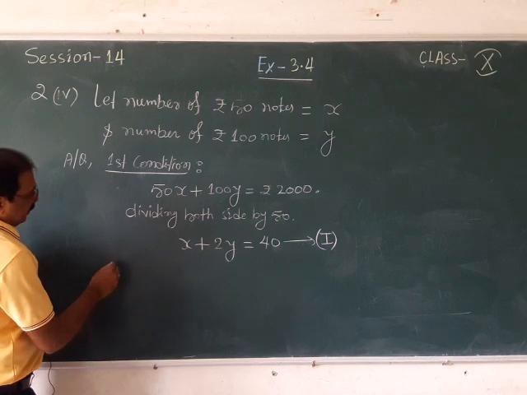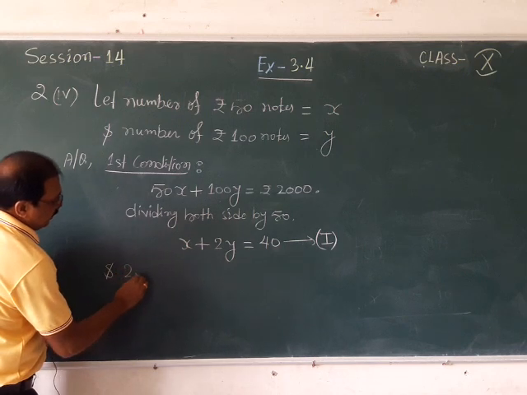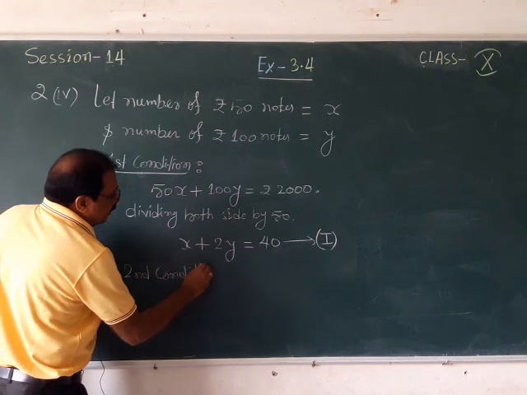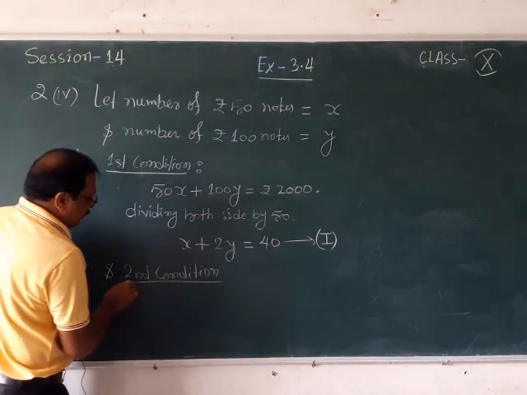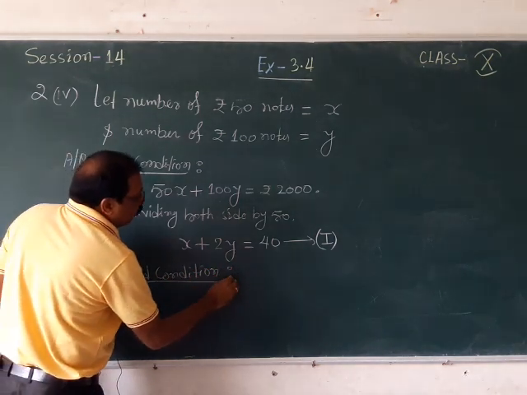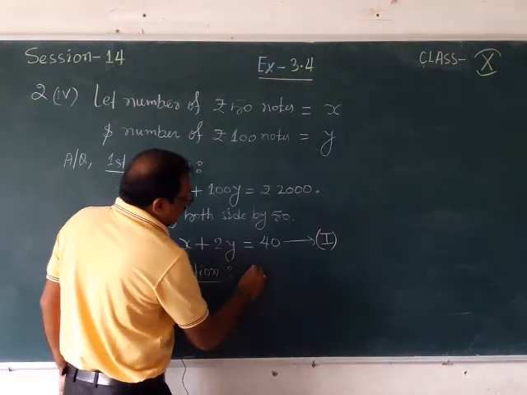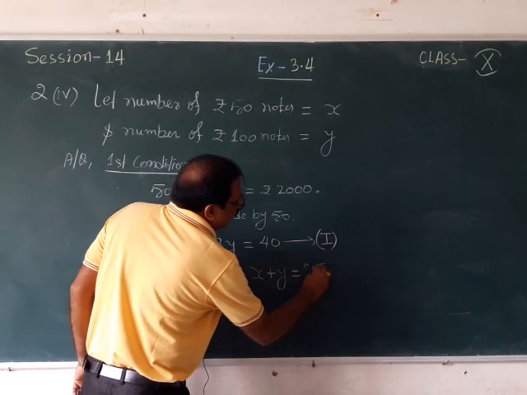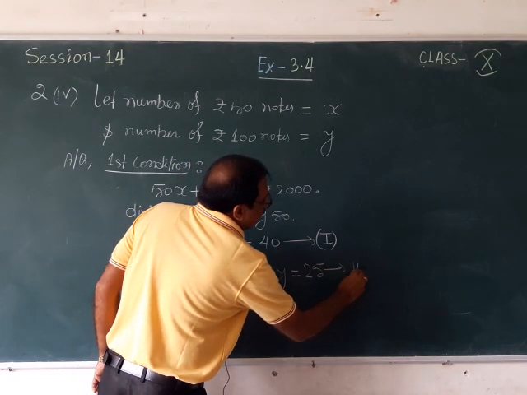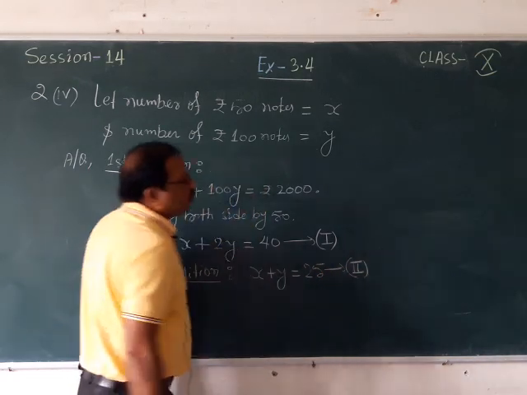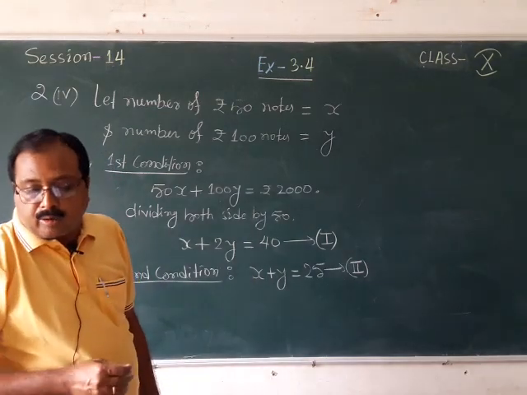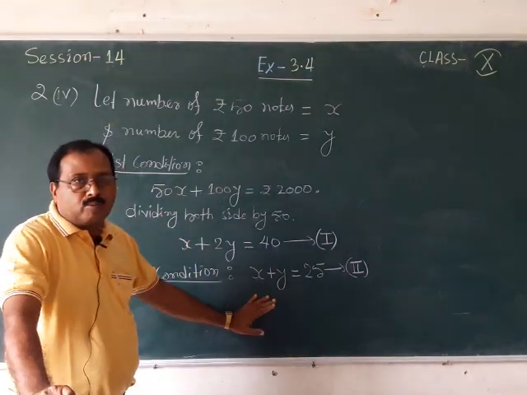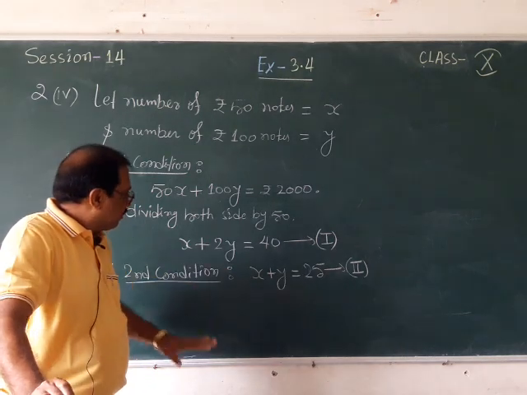This is the first condition, and the second condition: the total number of notes, that means x plus y, becomes 25. This is written in your question that the total number of notes is 25. So x plus y becomes 25.